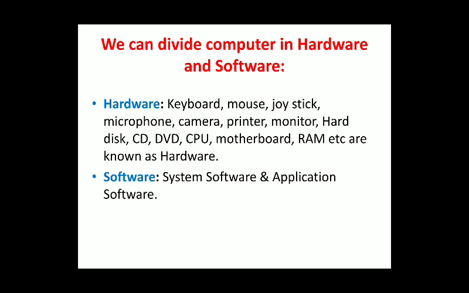The hardware is the part of a computer which we can see, feel, and touch. The hardware part consists of keyboard, mouse, joystick, microphone, camera, printer, monitor, hard disk, CD, DVD, CPU, motherboard, RAM, etc. These are examples of hardware that can be seen in your regular day-to-day life, which we can see and touch.